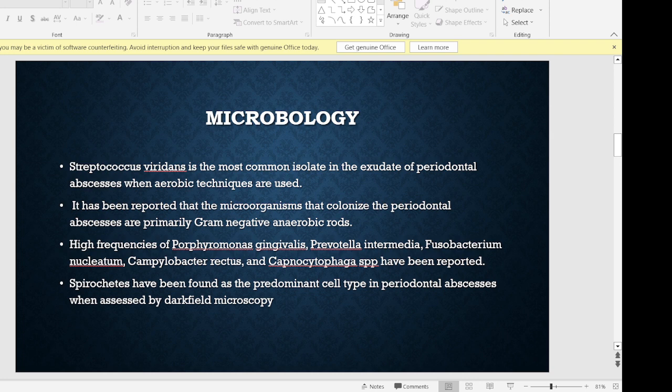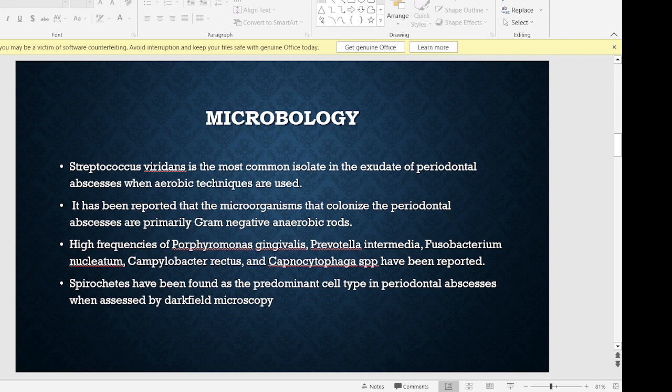Coming to the microbiology of the periodontal abscess, that is, what type of bacteria it contains. Streptococcus viridans is the most common isolate in the exudate of periodontal abscesses when aerobic techniques are used. It has been reported that the microorganisms that colonize periodontal abscesses are primarily gram-negative anaerobic rods.